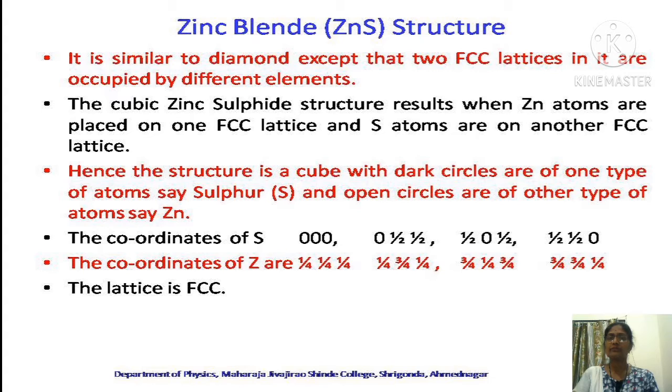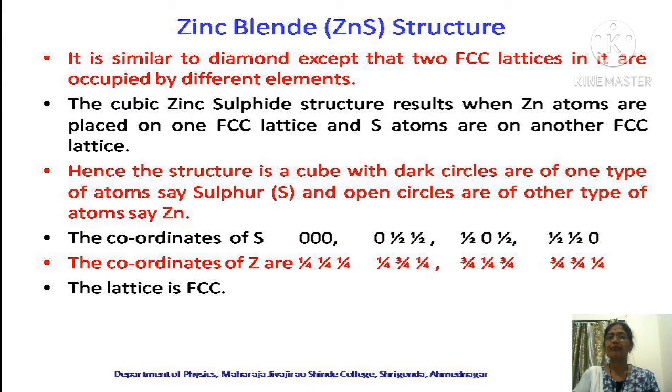But in case of zinc blende or ZnS crystal structure, there are two types of atoms, that is zinc atom and the sulfur atoms. Therefore, this is the only difference which is present between ZnS crystal structure and diamond crystal structure related to the atomic contents.